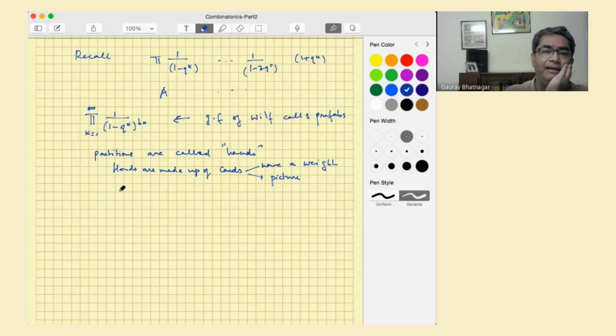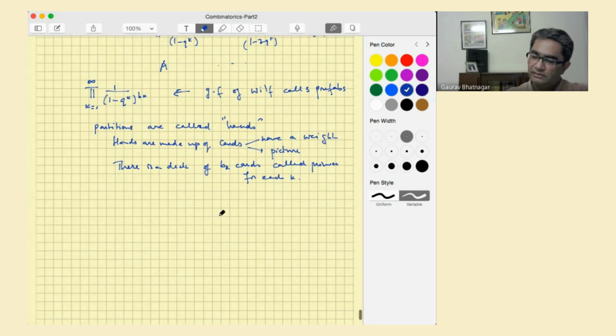And there is a deck of bk cards called primes for each k. So for each k, there is a deck of cards.